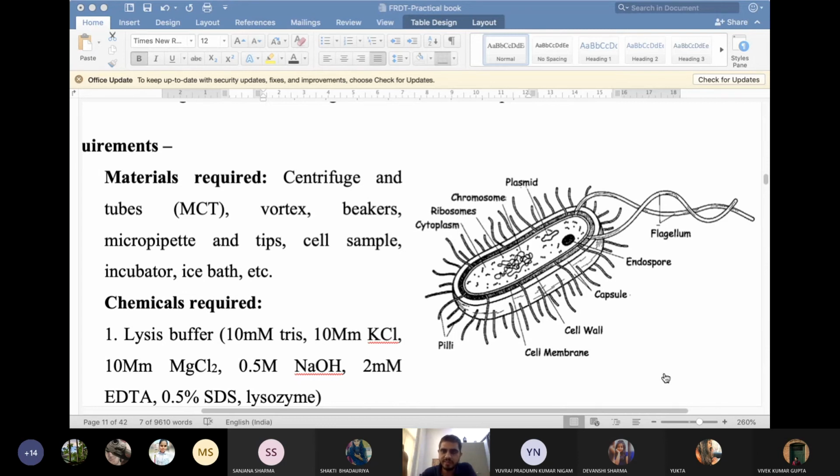Now where is the DNA? Now you have broken your cell wall and cell membrane also.